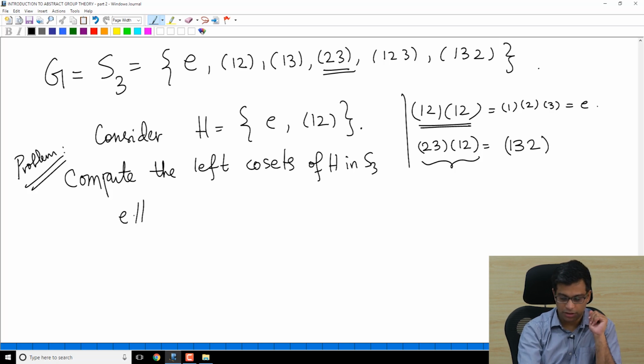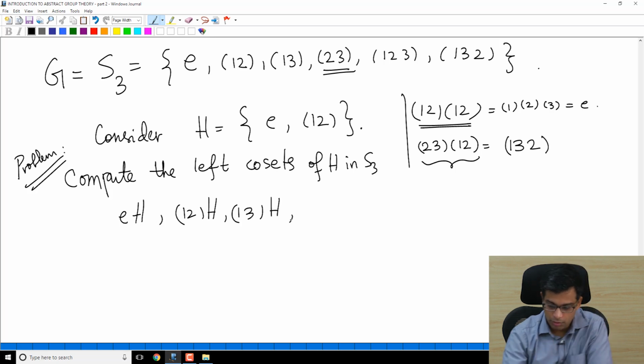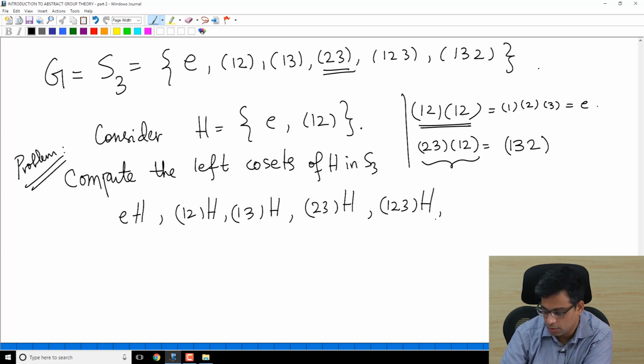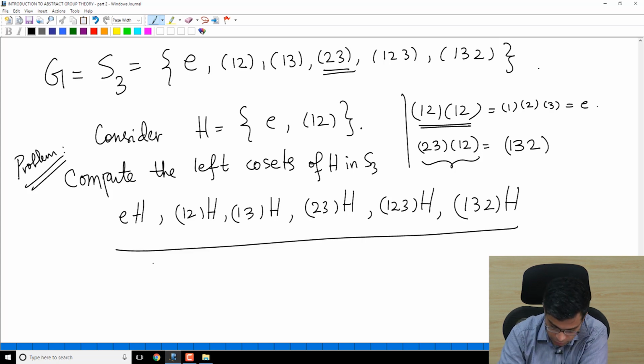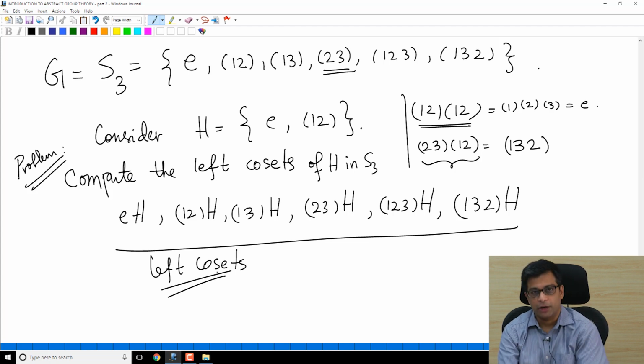So this is EH, (1 2)H, (1 3)H, (2 3)H, (1 2 3)H, (1 3 2)H. So these are the left cosets. But you will expect that some of them may coincide with each other. That's what we have to figure out.